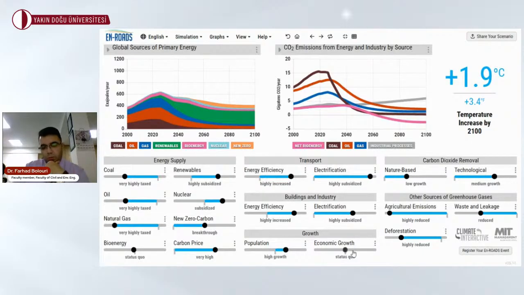Also, economic growth of the world most probably will increase because every time World Bank reports say we have growth worldwide every year. Some developing countries couldn't, but developed countries can always increase their GDP and economic growth.